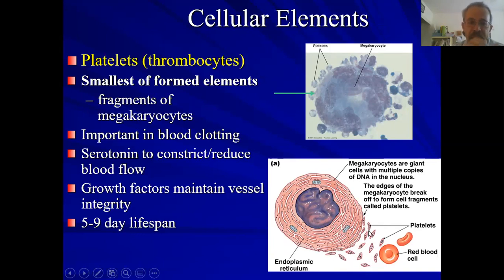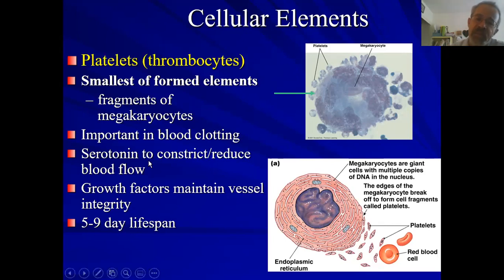Now, what's so special about them? They are packets full of a variety of different enzymes that are important in the process of what we call hemostasis. Not homeostasis, but hemostasis, which is the process of blood clotting.